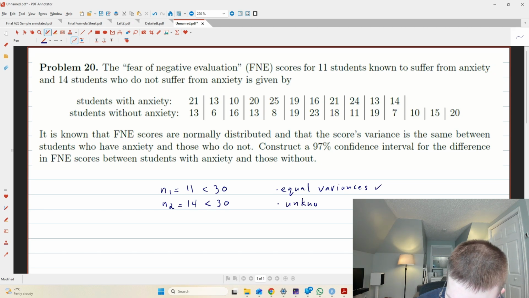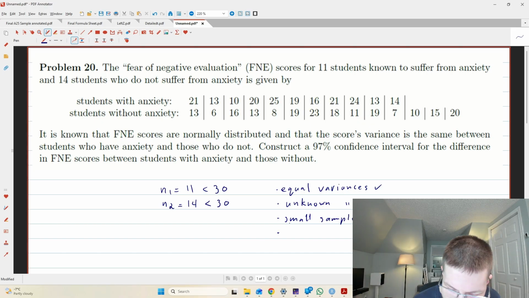Unknown variances and small samples, and both populations are normally distributed. So all those things tell me that I need to use the t-statistic.